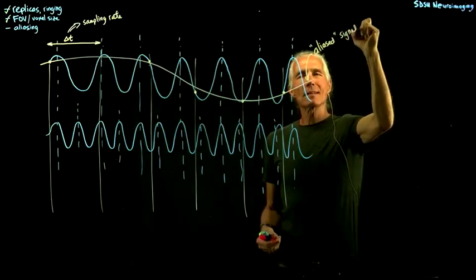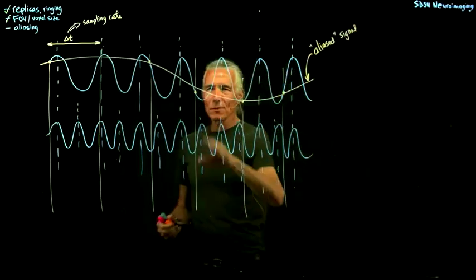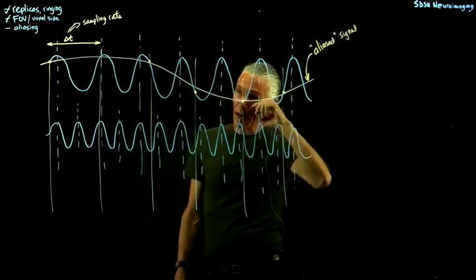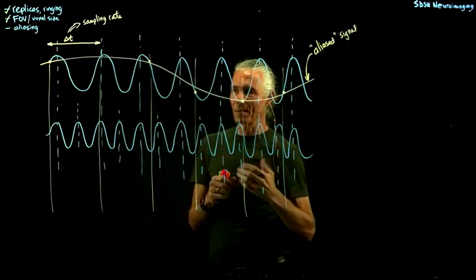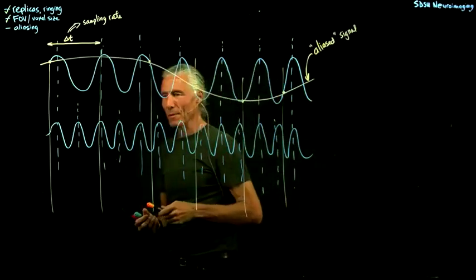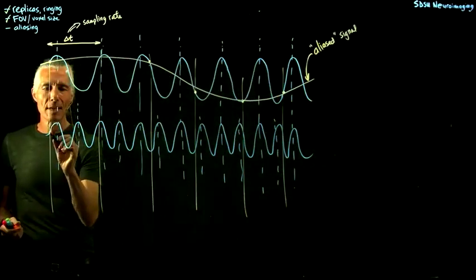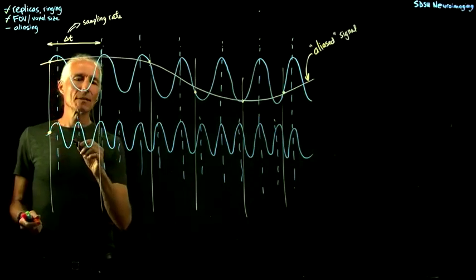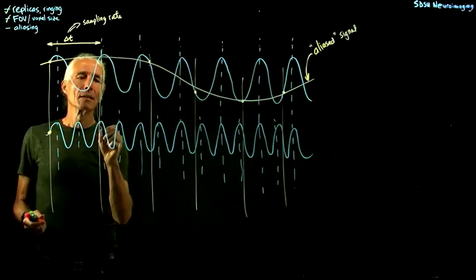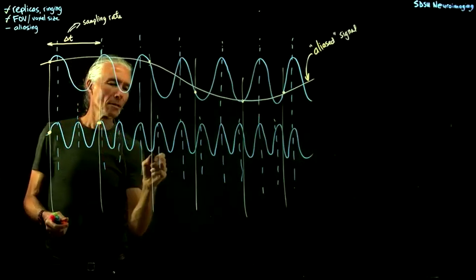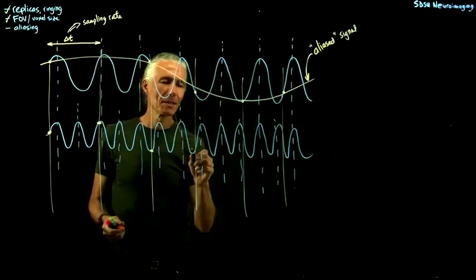And how do we fix that? We could fix it just by filtering out any of the frequencies that were too high, or by sampling faster. Either one will fix the problem. Now, if I've drawn this well enough, we're hopefully going to get a higher frequency.